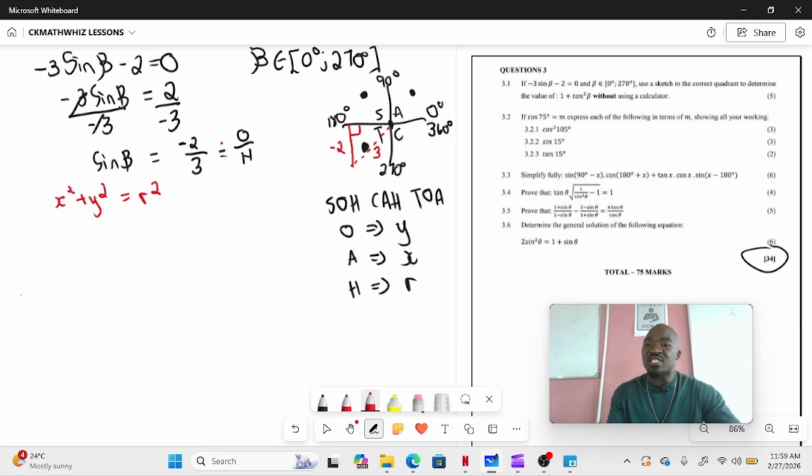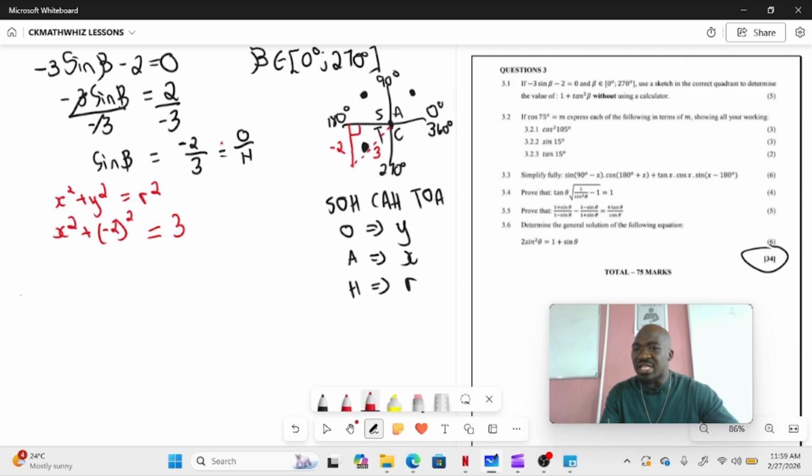Now, x squared is the one that we don't know, plus y squared. Do we know y squared? Yes. Our y squared is negative 2 squared, which is equal to 4. Let me fix that. It's too hot. Okay, let's continue.